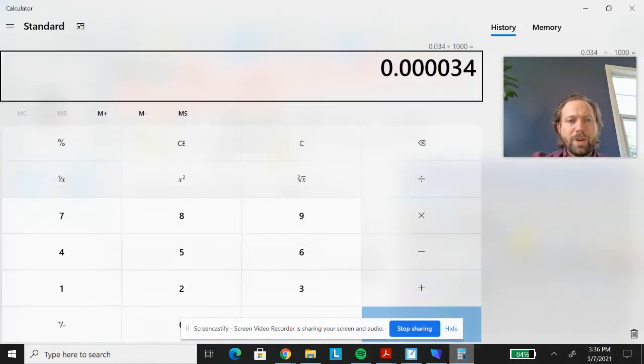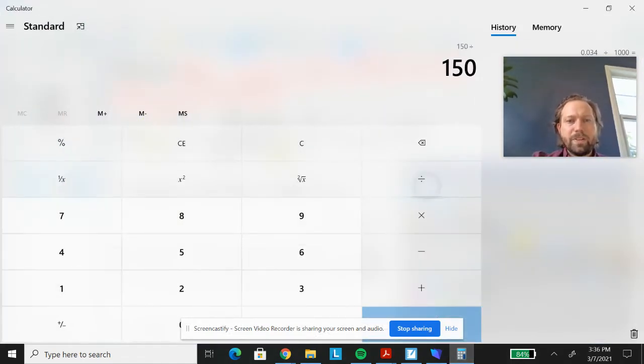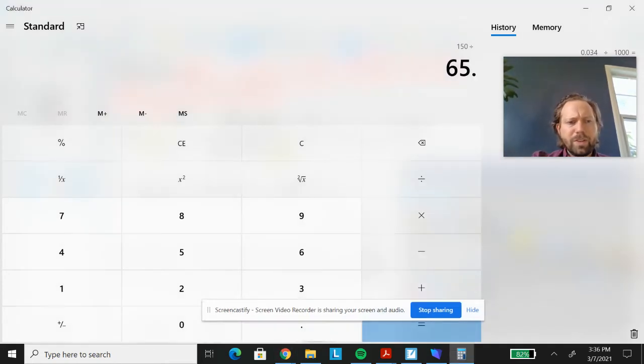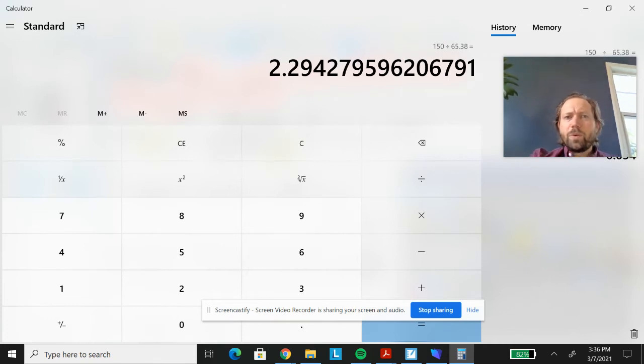So 150 divided by 65.38 equals, and that would be 2.29.